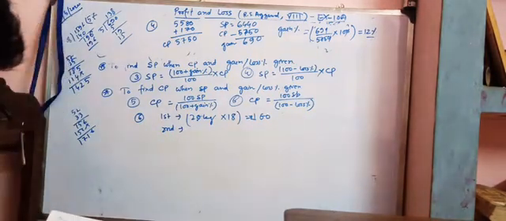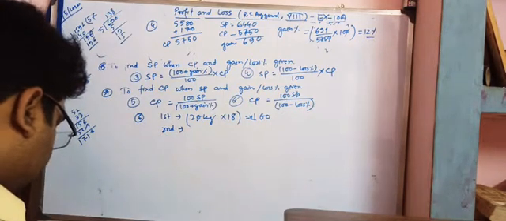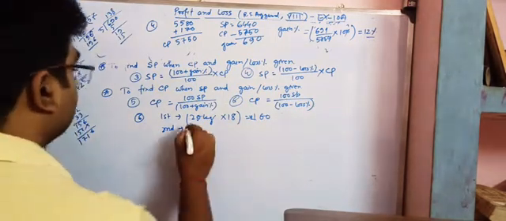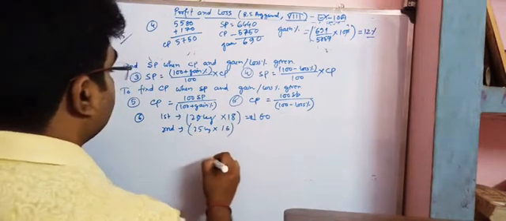Second variety is 25 kg at rupees 16 per kg.